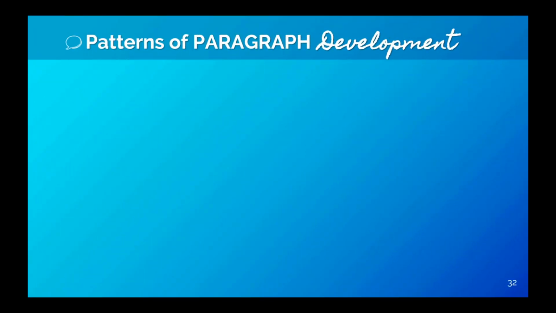Okay? Let's go to the second to the last pattern, that is comparison and contrast. This is a very easy and very convenient way to write a paragraph, by comparing and contrasting. Comparing and contrasting is simply similarities and differences.